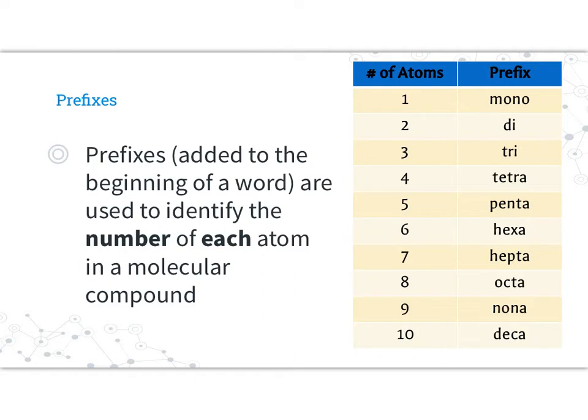So we need to know prefixes to name our molecular compound. Prefixes, which are added to the beginning of a word, are used to identify the number of each atom specifically in a molecular compound. We do not use these in ionic, which is our next lesson. So the number of atoms of one element present is represented by a prefix.